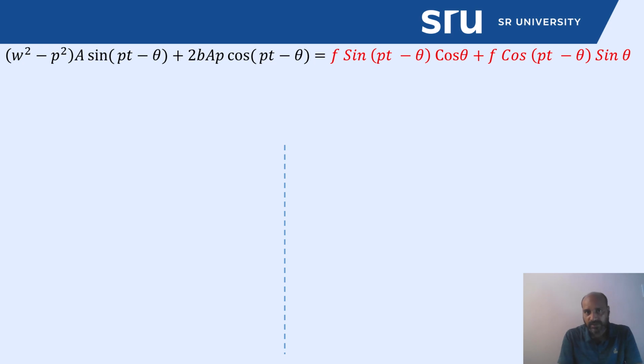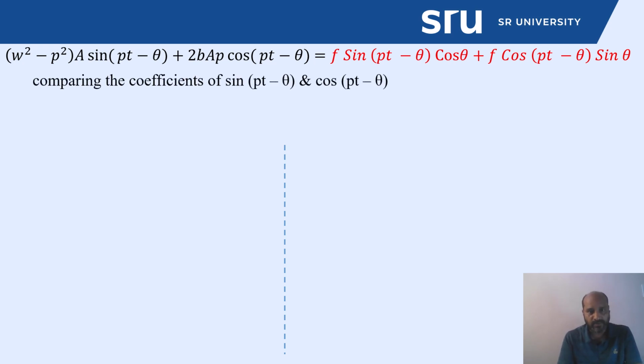If you observe both sides, sine of (pt minus theta) appears on the left and on the right. Similarly, cos of (pt minus theta) appears on both sides. So we will compare the coefficients of both these terms.